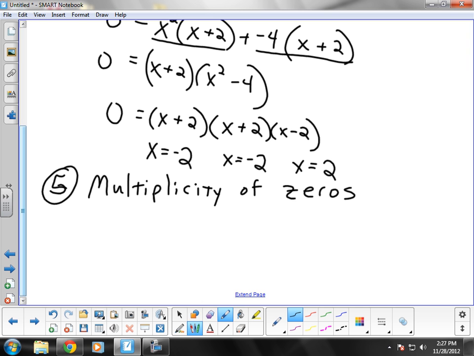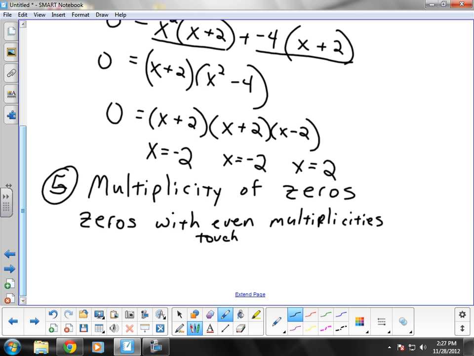Now, the way multiplicity works with my graph is that zeros with even multiplicity, so again, 2, 4, touch the x-axis and bounce off. In other words, if it's above the x-axis, it'll come down, touch the x-axis at that point at -2, and bounce off and go back up. It does not cross through it.